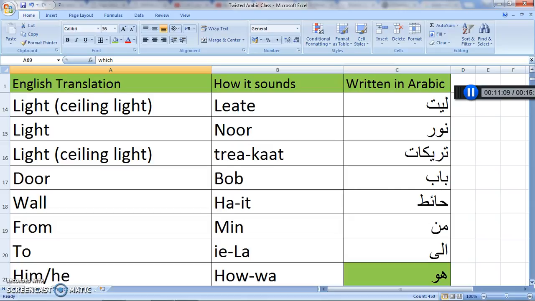So min huna ila hunak. Min ana ila huwa. You can say from me to him. So usefulness to have these words in some cases, and you can say like, who did this? Huwa. He did it. Who do you want to do this? Huwa. Him.